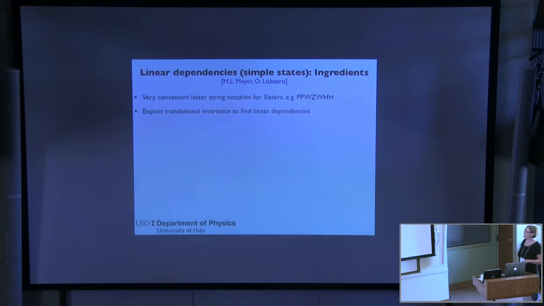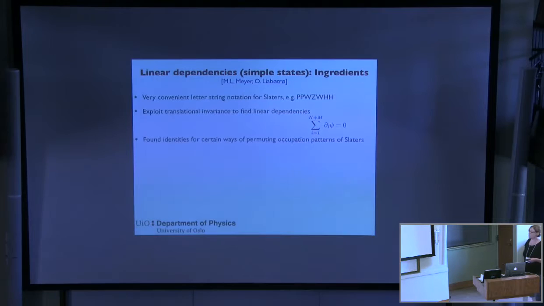One is to exploit translational invariance, which means if you're looking at a state psi at some angular momentum, this state being translationally invariant means you can act on it with this operator and get 0. And this, of course, will give you linear relations between states at one angular momentum less.